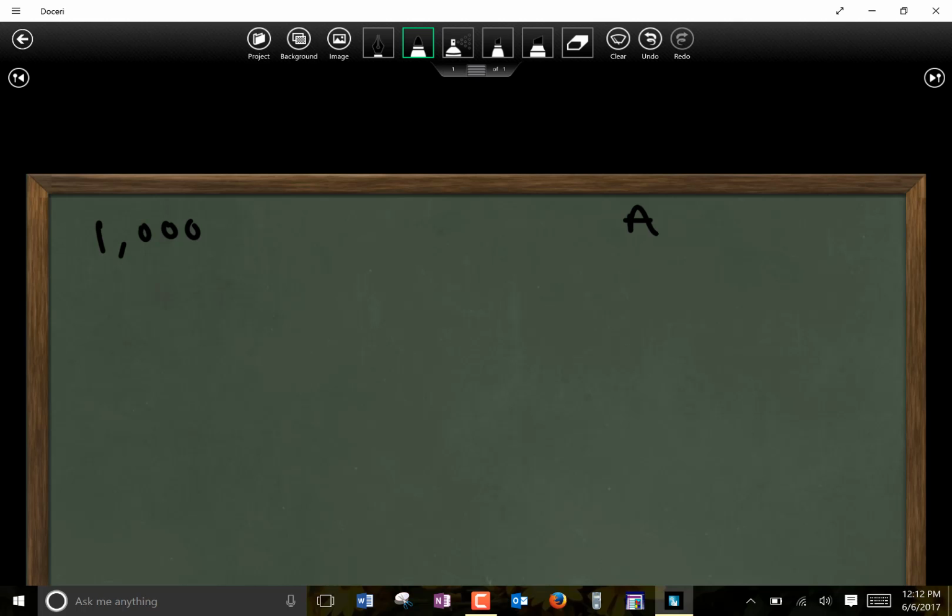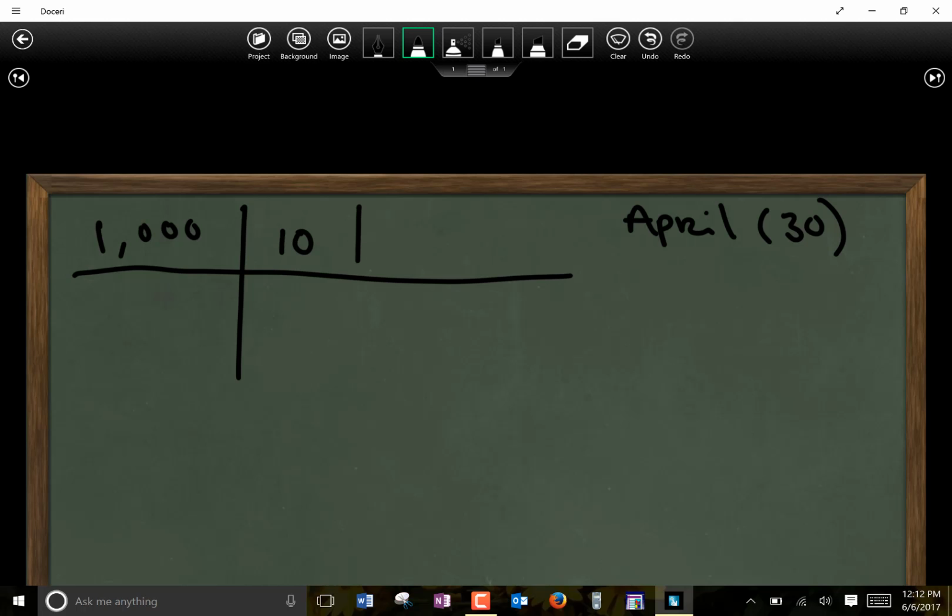And in April, we have 30 days. So we know that we have 30 days. And it says that it takes 10 days for your payment to process, which means that you owe $1,000 for 10 days. So for the first 10 days of the month, you owe that bank $1,000.